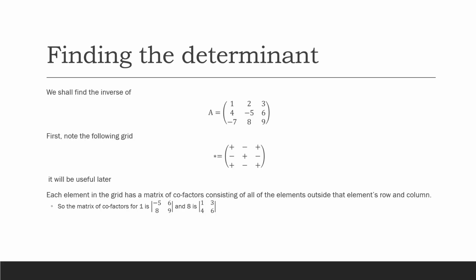So we want everything that's not in that: 5, 6, 8, and 9. If I looked at 8, we have to ignore the bottom row and ignore the middle column. So what we'd have is 1, 3, 4, 6.